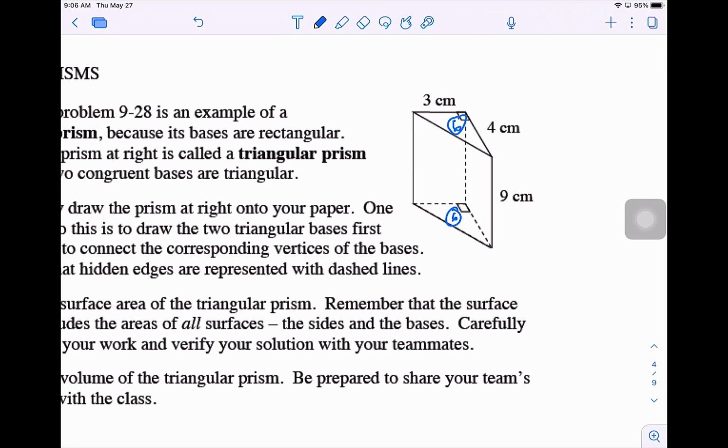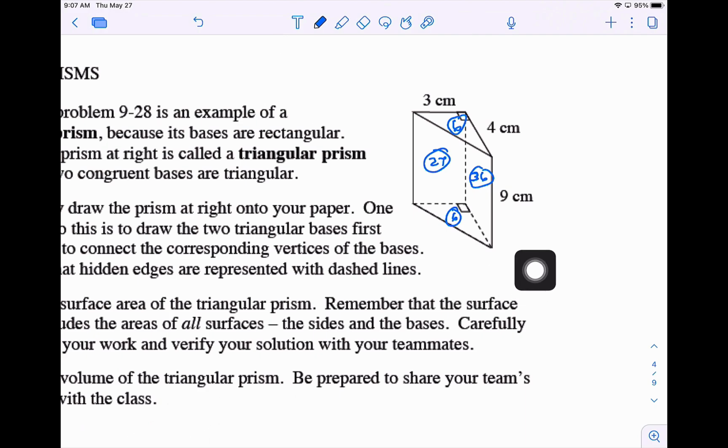This one back here has dimensions of 4 by 9, so an area of 36. This rectangle back here has dimensions of 3 by 9, which is an area of 27.